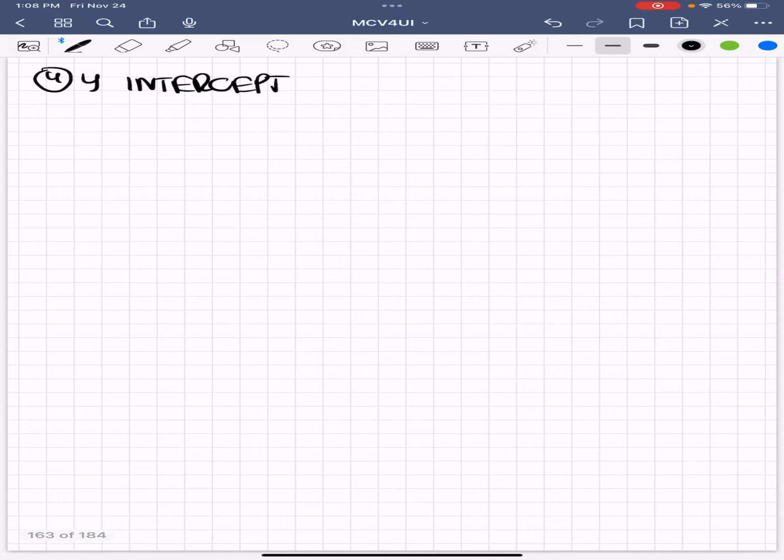So we have a y-intercept, so substitute x equals 0 into h of x, the entire rational function, to get the y value of the y-intercept. And note that the x value of the y-intercept is always 0.